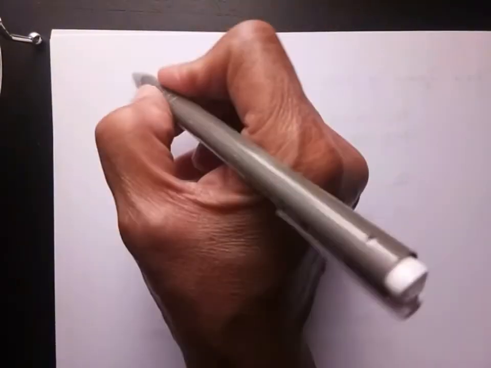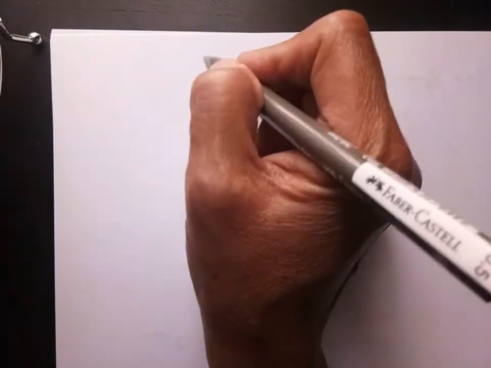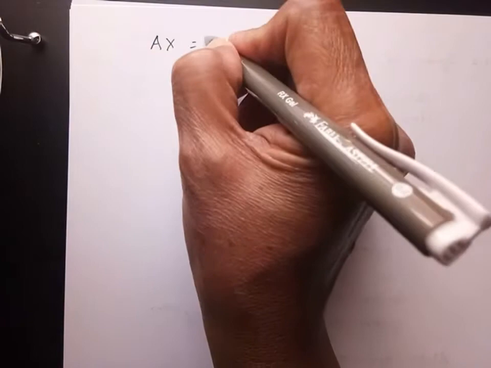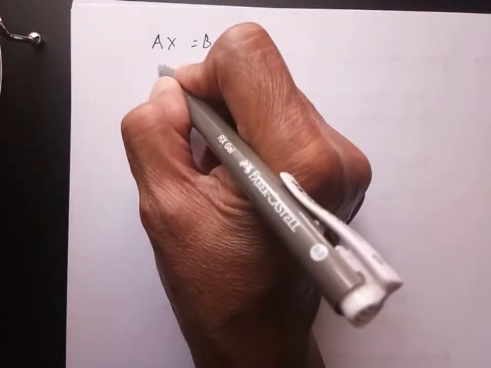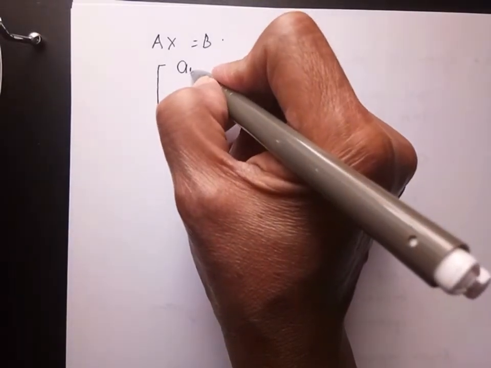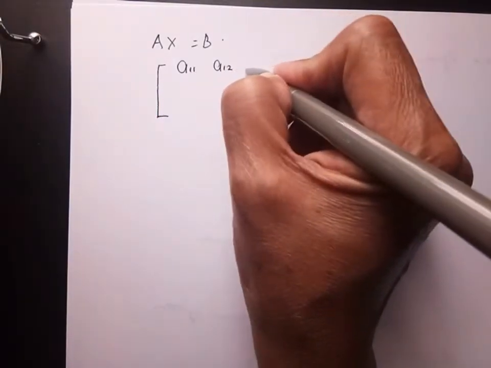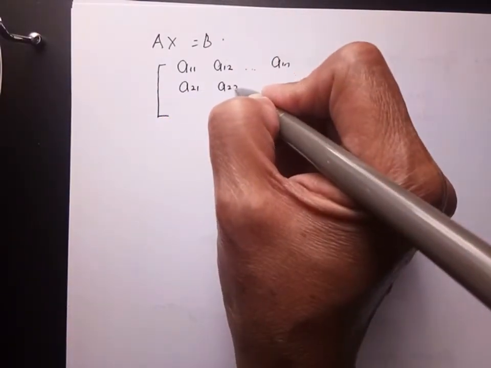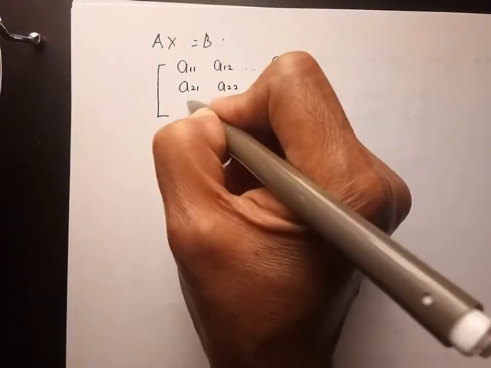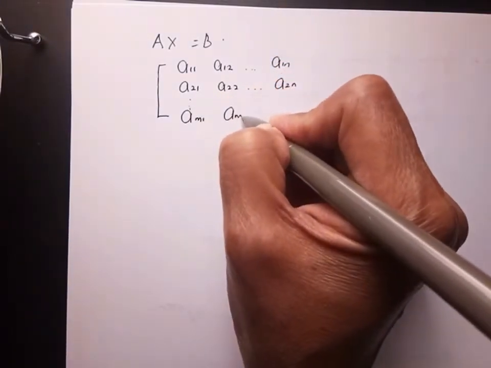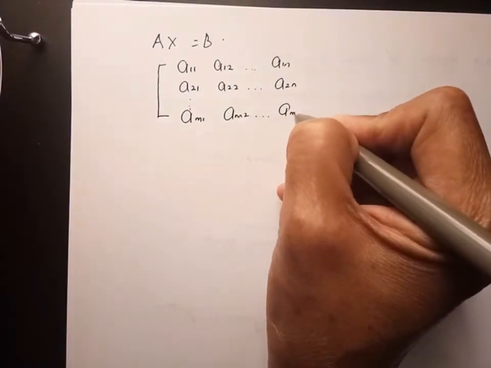Okay, so if we were to represent the system of equation in a matrix representation, we can write in the form of Ax equal to b, where A is represented by the coefficient matrix, which is a11, a12 until a1n, a21, a22 until a2n, and the last row is am1, am2 until amn.